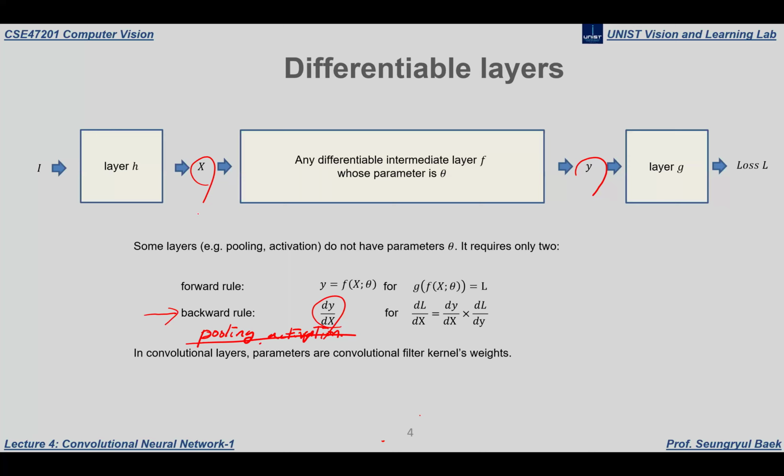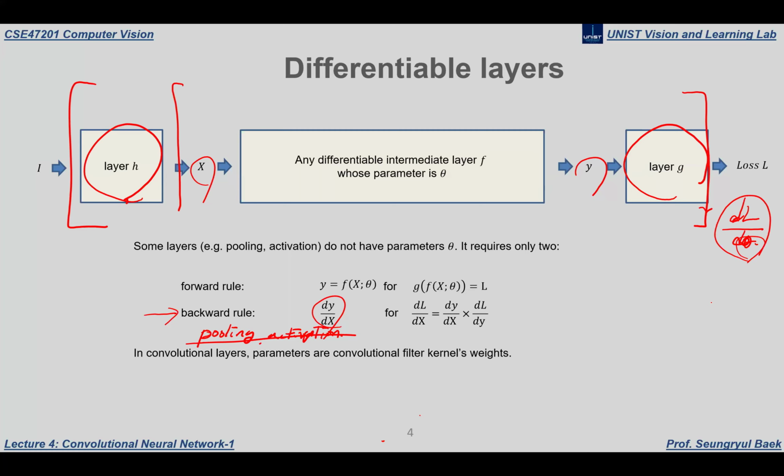So when getting dL/dθ for the entire network, if an individual layer does not have θ, then we can omit dL/dθ for this layer, because there is no parameter to update.